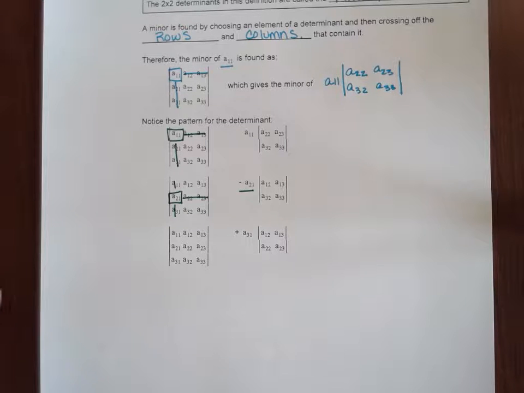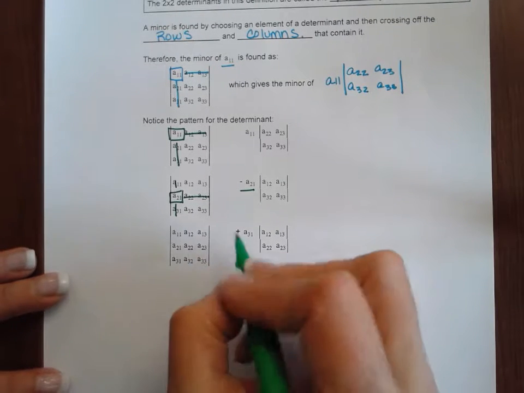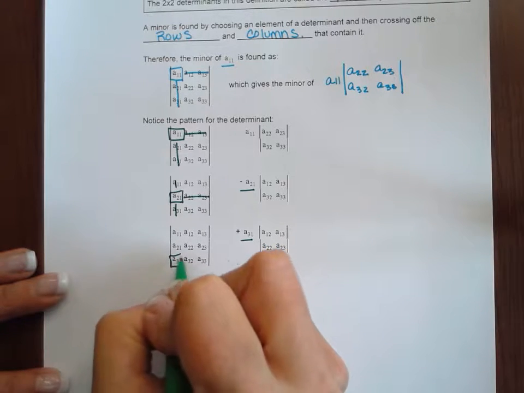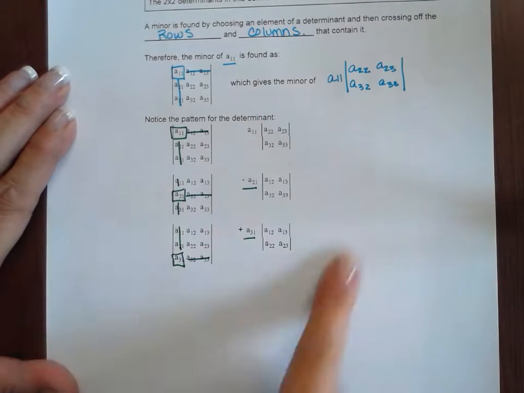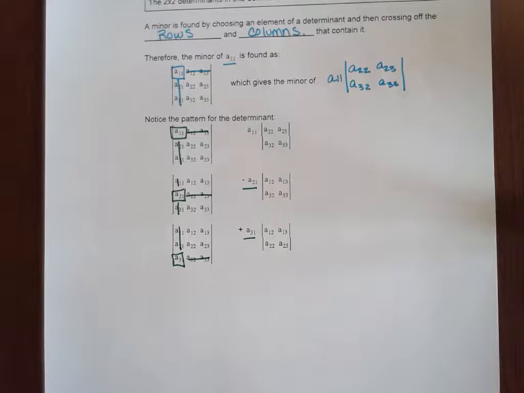Are you with me so far? And then you add the last one, and you cancel them out. That's the true definition of it. Are you all with me so far?